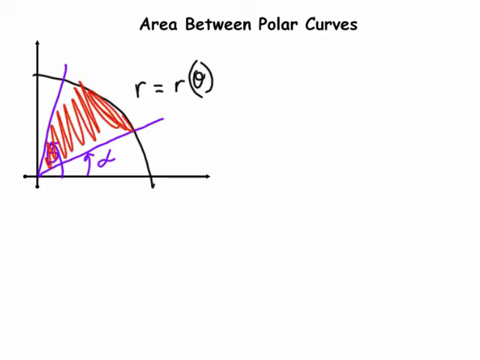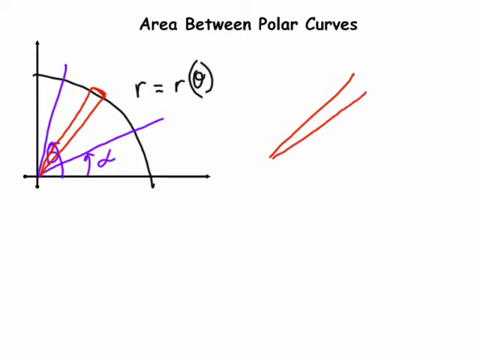Instead of breaking that into rectangles, we're breaking it into sectors, because the breaking up is based on the moving of the angle. Let's call that the kth sector. What I'm going to want to find is the area of this one sector.